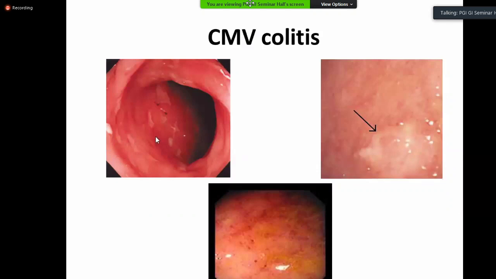Now, apart from the description of the ulcer, you define the surrounding area. There is hyperemia here. Here, the same patient with CMV colitis, there are multiple erosions or reddish spots, hyperemia. Then these ulcers were stellate or rounded, and here is a longish serpentine ulcer.